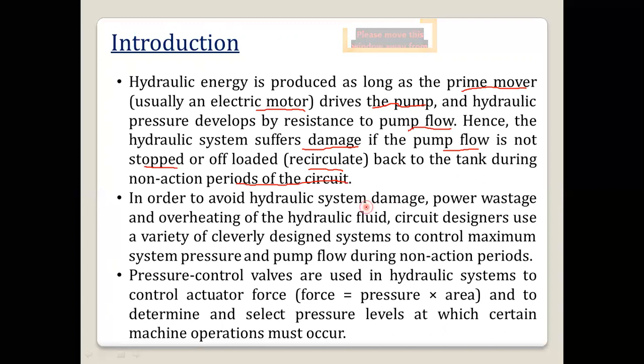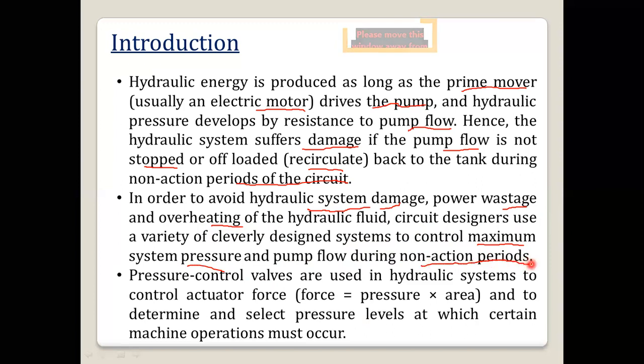In order to avoid hydraulic system damage, power wastage, and overheating of the hydraulic fluid, circuit designers use a variety of systems to control the maximum system pressure and pump flow during non-action periods.